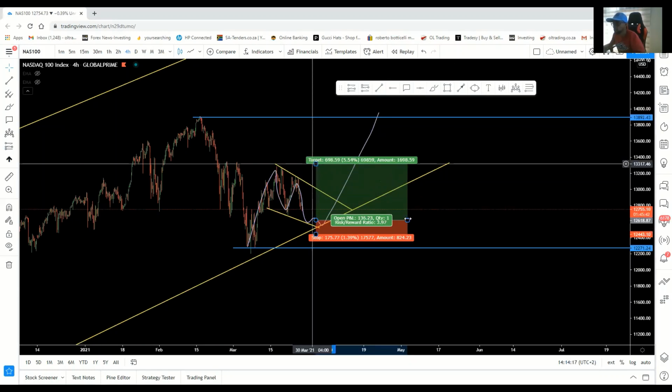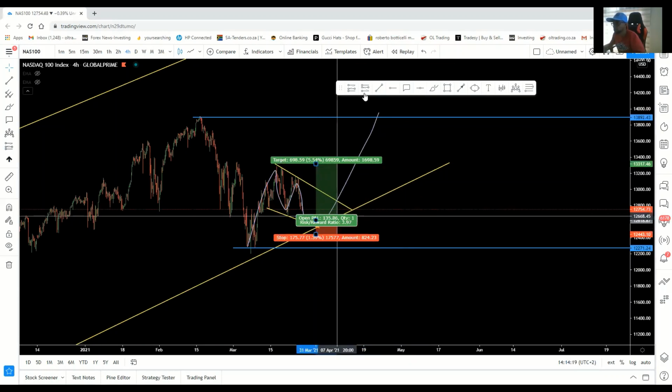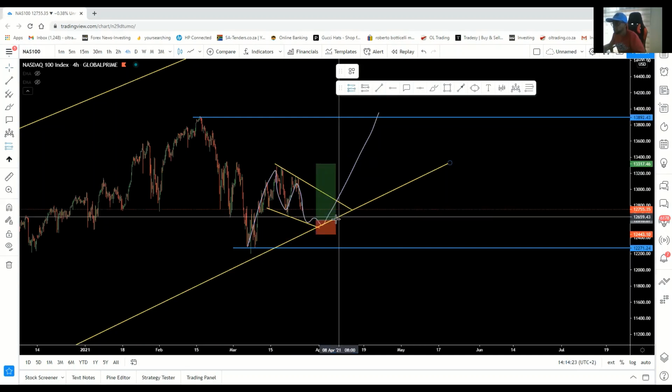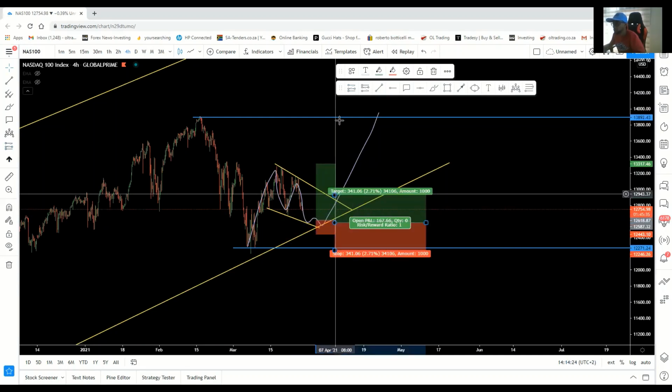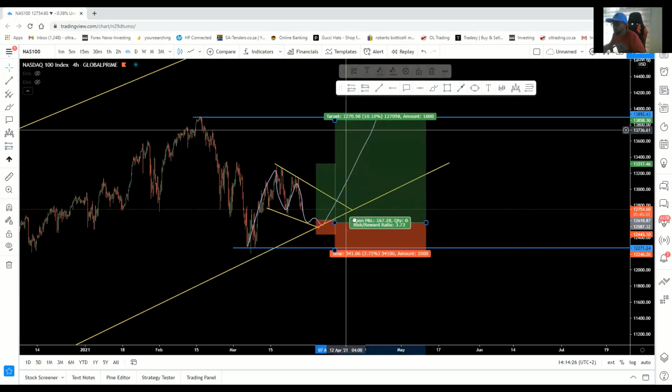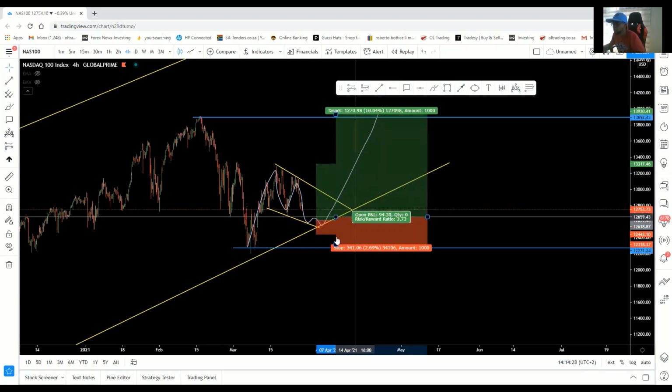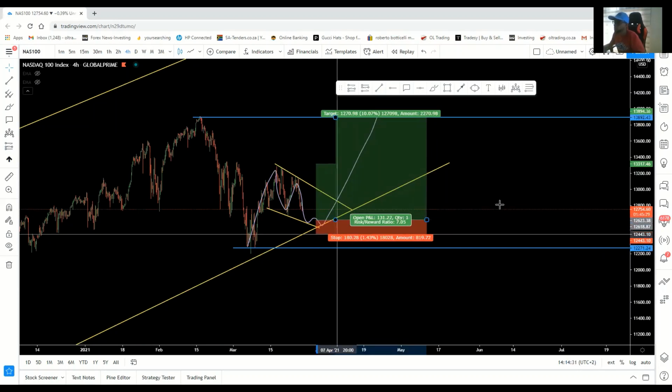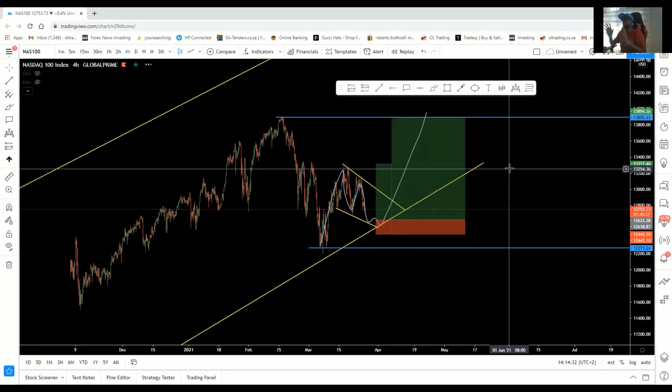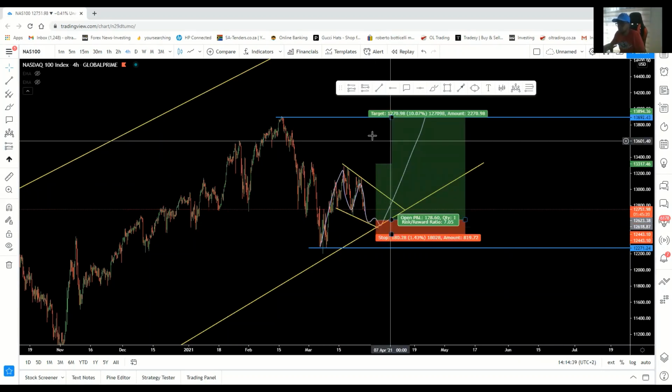First TP will be here. Then next TP. So this is just what I'm waiting for. I'm gonna wait for it. I'm not gonna rush it until it gets to this level here. Then I'll be able to capitalize on this movement.